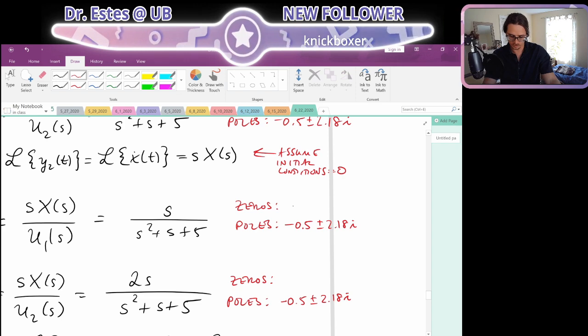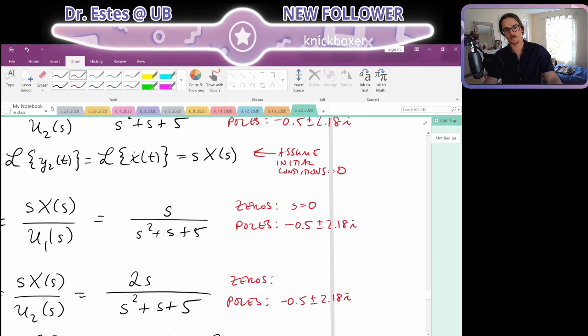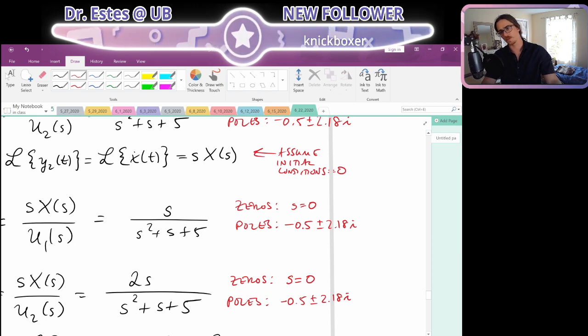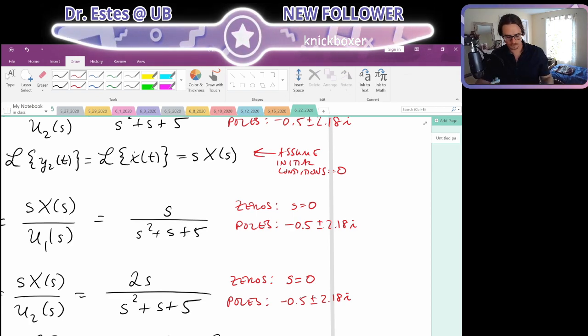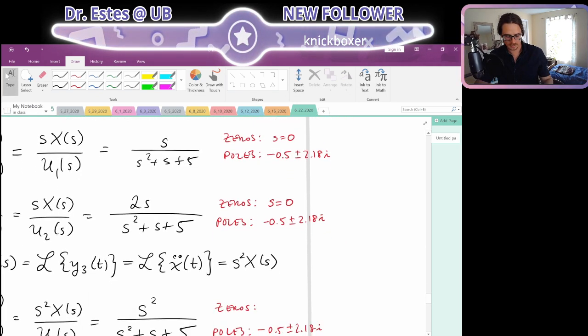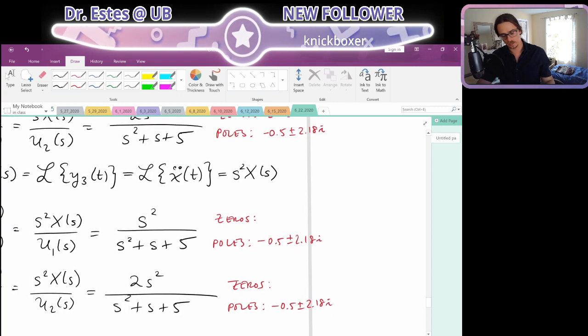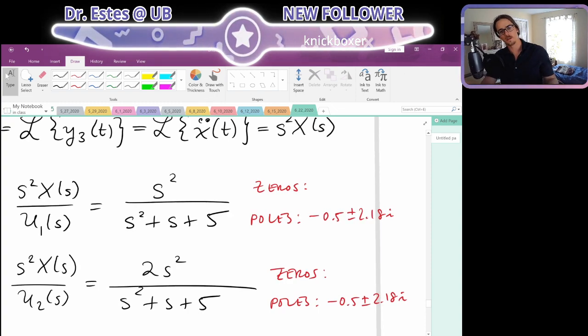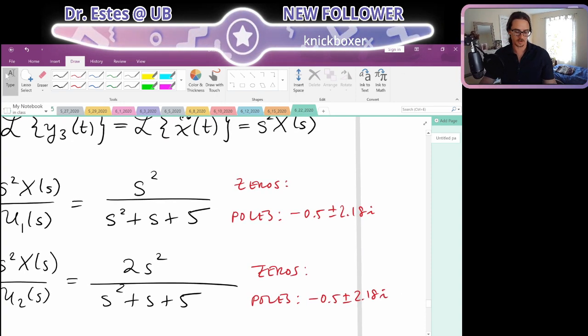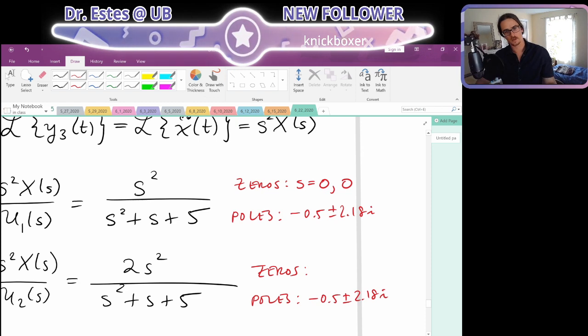Well, the 0 here, if I plug in s equals 0, those will go to 0. Now this last one, be careful, because you might look at this, be like, okay, s squared, s equals 0 is the 0. However, it's important that there's 2 zeros.